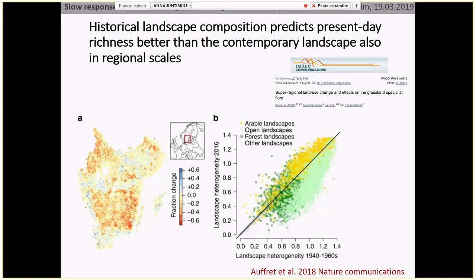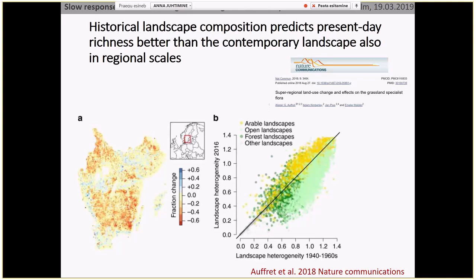And when they compared different broad habitat types, the open landscapes had considerably decreased in landscape heterogeneity since historical times, the beginning of the last century, indicating that these grasslands we have been talking about mostly until now are the ones that really drive this.